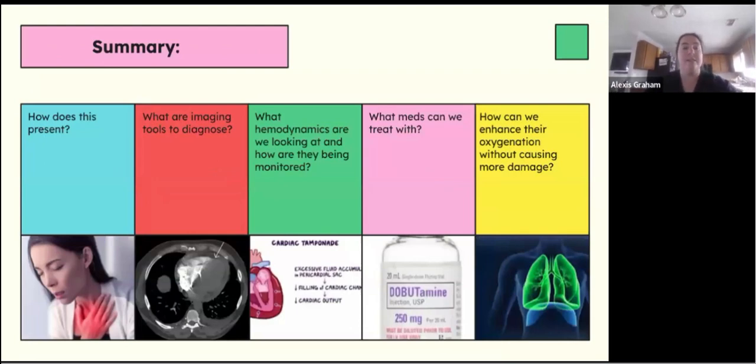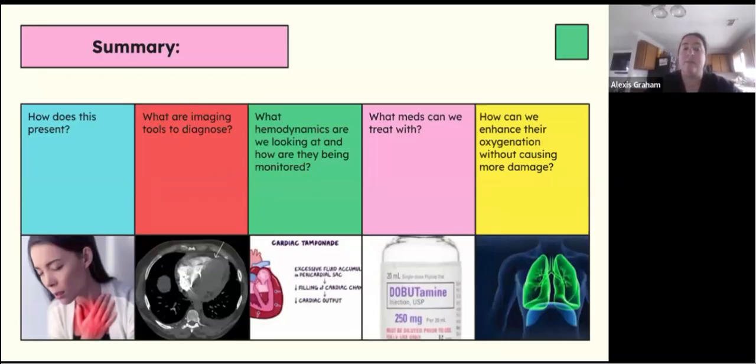And then, so in summary, how is it presenting? We're going to see dyspnea, tachycardia, tachypnea, the elevated jugular venous pressure, cold and clammy. They'll have dysphoria, confusion, pulsus paradoxus, chest pressure, or a decrease in urinary output. The imaging tools we can use to diagnose this are chest radiograph, CT, MRI, and ECG.